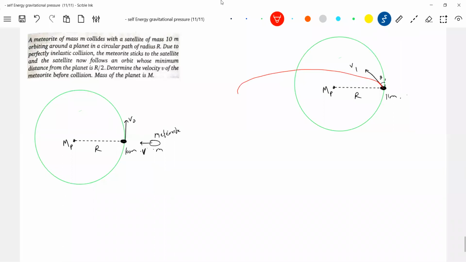So, some rough diagram, whose minimum distance from the planet is r/2. So the initial point should be apogee, sir.